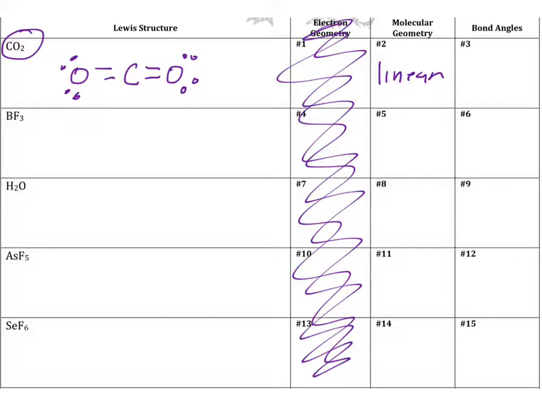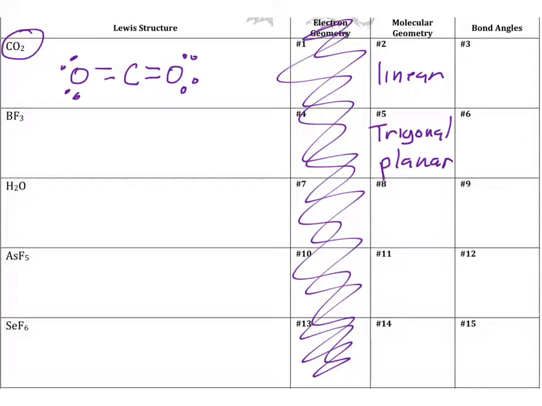If it does not have lone pairs, it'll be trigonal planar. The lone pairs sort of push the bonded pairs down. So we ask ourselves, does boron have lone pairs? The answer is no, it does not. So it's going to be trigonal planar.